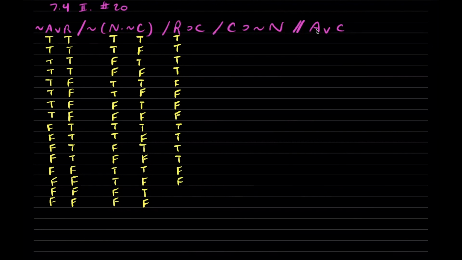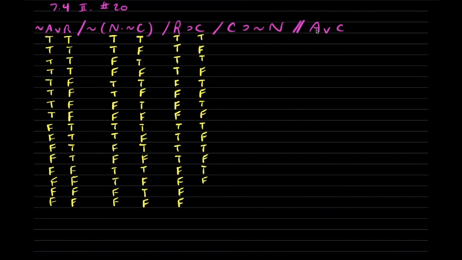True, true, true, true. False, false, false, false. Under C, remember we're going to copy the same column from before. So we already filled out C, which is 1 true and 1 false, alternating all the way down. We're going to do the same thing here. True, false, true, false, true, false, true, false, true, false, true, false. I think it's helpful to say it out loud.